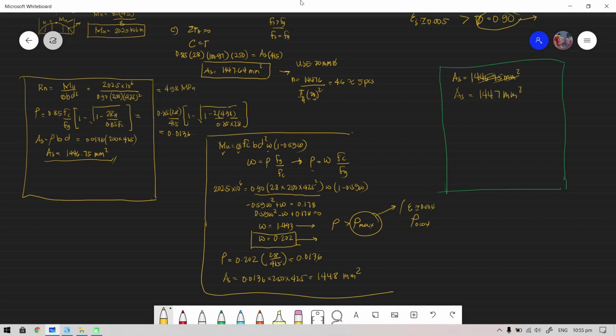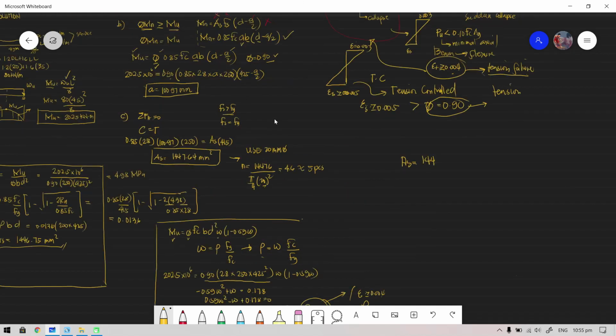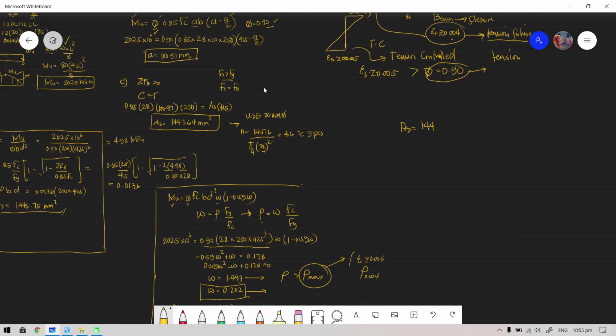Kailangan natin ito, since AS yung nilagay natin, kailangan natin i-verify yan if it conforms with the code requirement. Ano ba yung code requirement? So, AS natin is 1447.